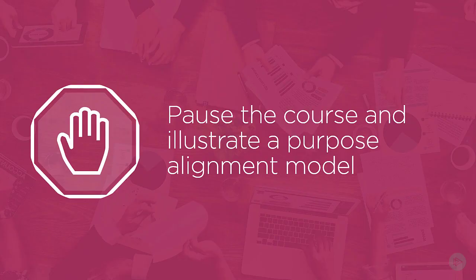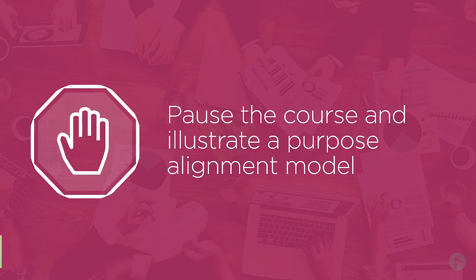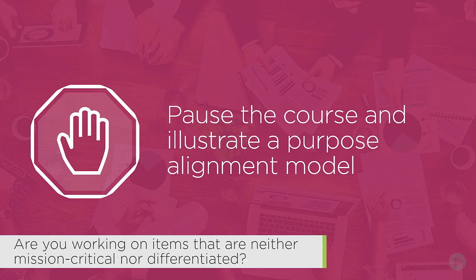Now it's your turn. Pause the course, grab a piece of paper and illustrate a purpose alignment model that matches the project or product you are assigned to at the moment. Try to answer questions like, do you know how your product is differentiated in the market? Are you working on items that are neither mission-critical nor differentiated?